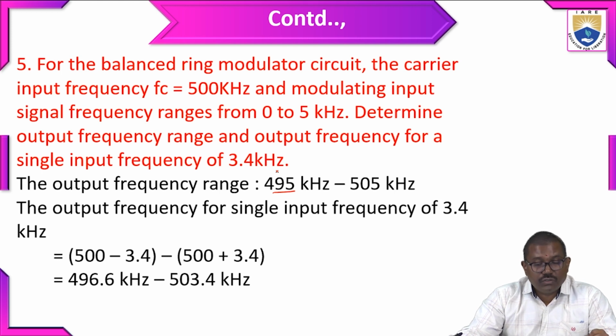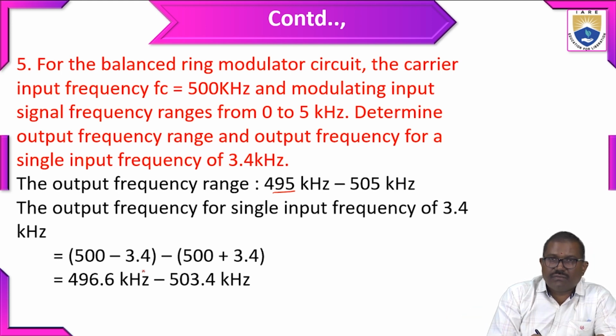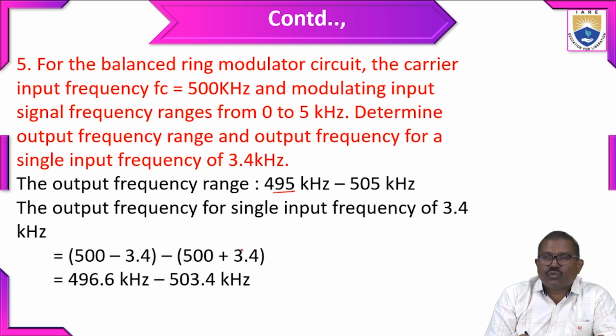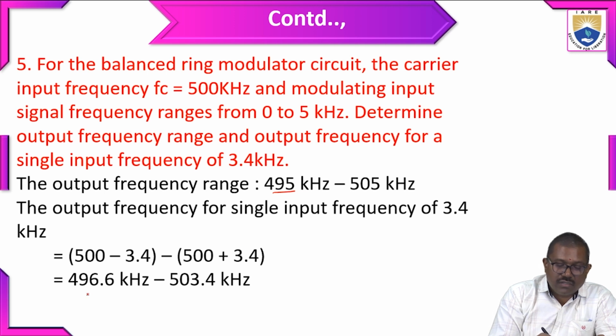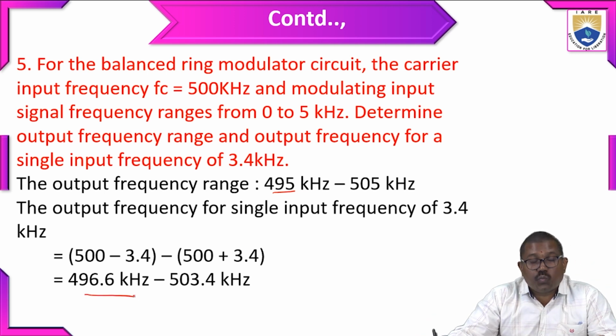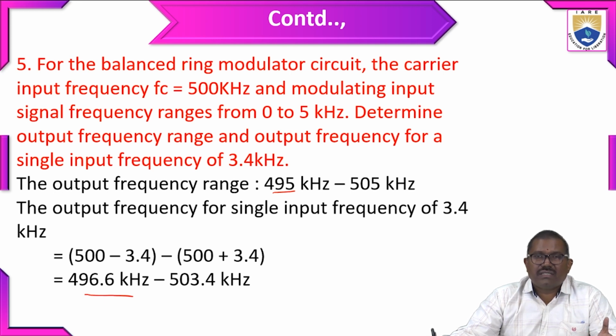The output frequency for a single input frequency of 3.4 kHz: here fc is fixed at 500 kHz, so 500 minus 3.4 to 500 plus 3.4 kHz. So the output frequency for a single input frequency of 3.4 kHz is 496.6 kHz to 503.4 kHz. What they ask is just that the input signal frequency is changing, but fc is the same.